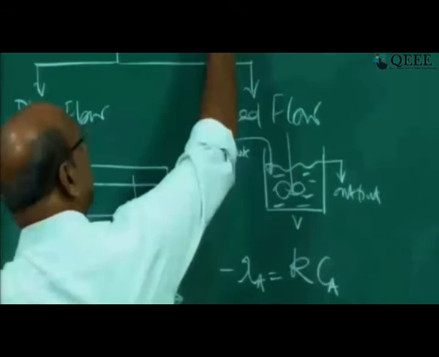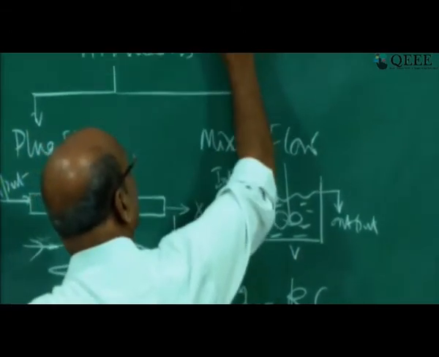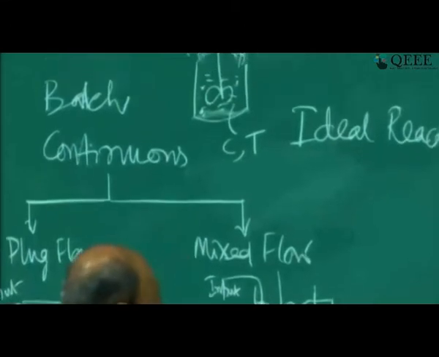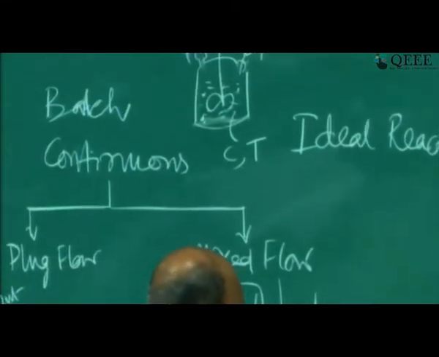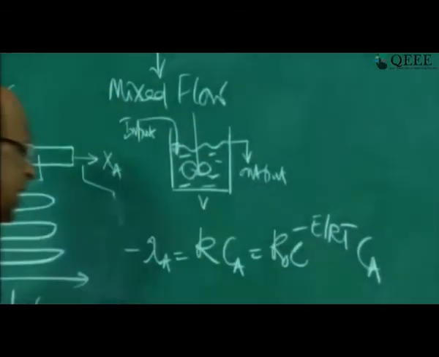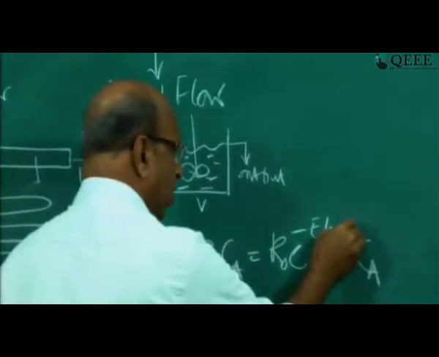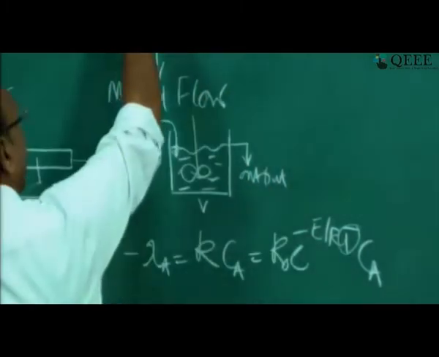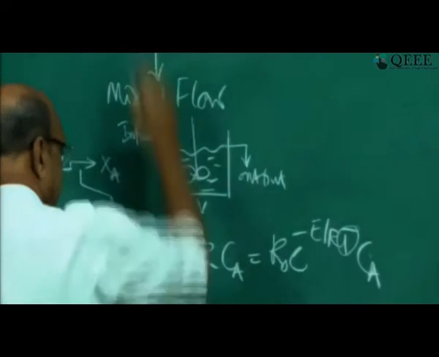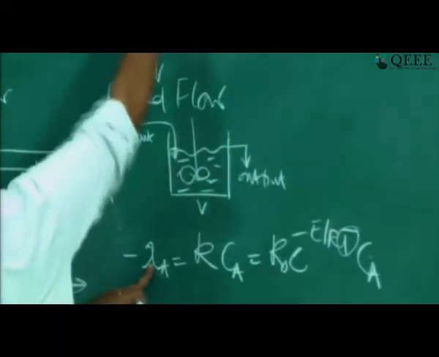If I have a different temperature here, different concentration, then this equation can also be written as the Arrhenius equation, e power minus E by RT into Ca. Now you see, if temperature is not uniform throughout and concentration is also changing, the rate is changing everywhere inside.